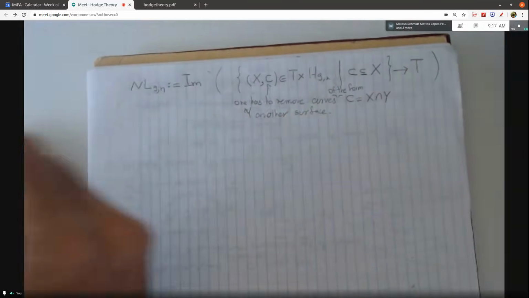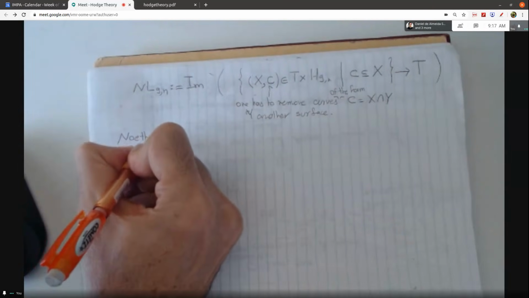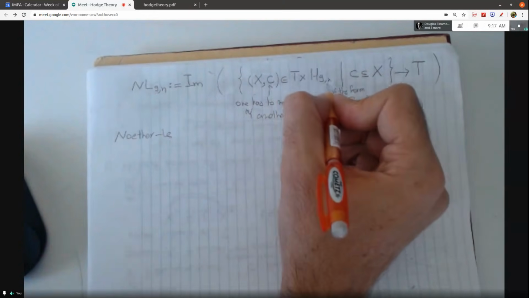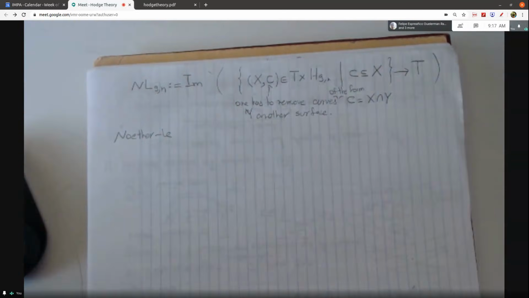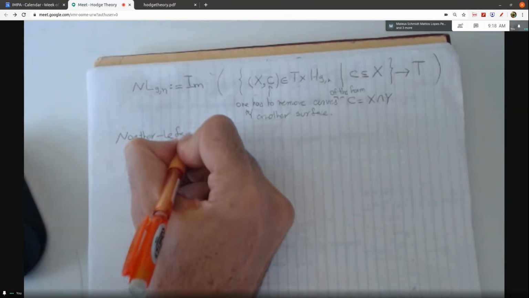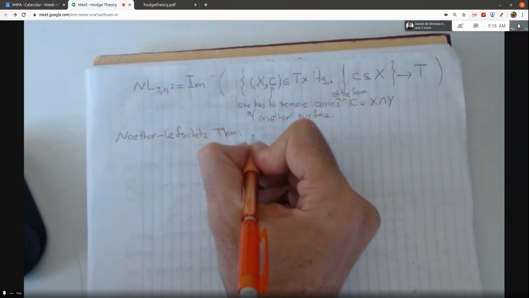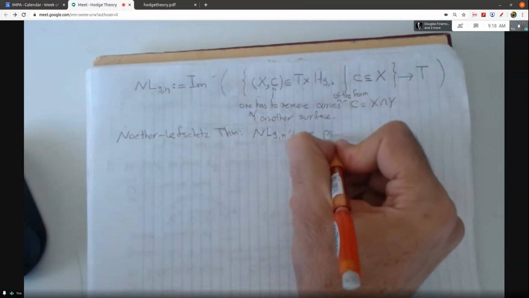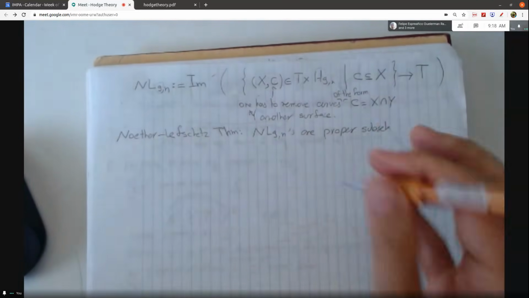Now the Noether-Lefschetz theorem. For this reason, in the last lecture, I introduced this HGN tilde, but anyway, maybe just write it here in letters. Noether-Lefschetz theorem: the NLGNs are proper algebraic subsets.